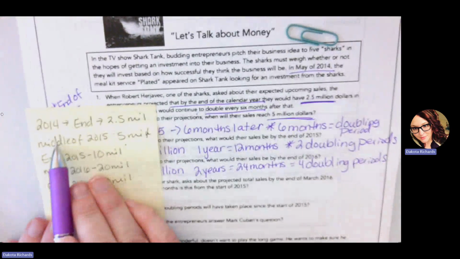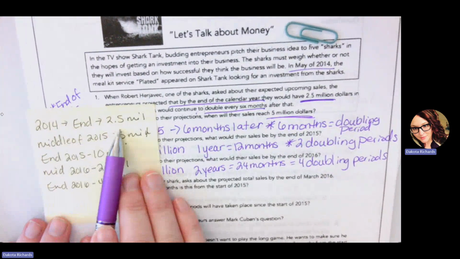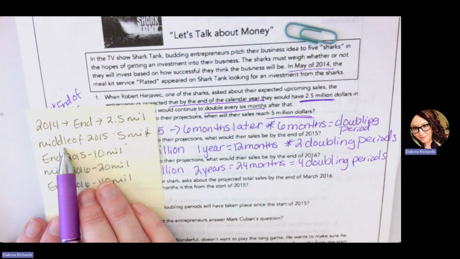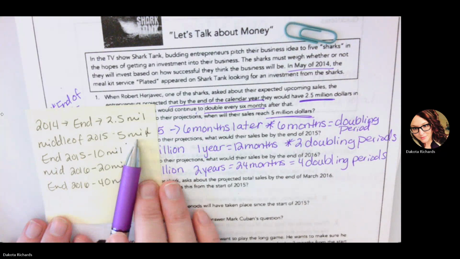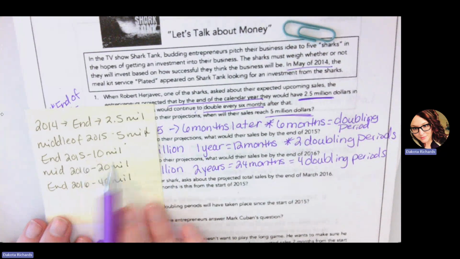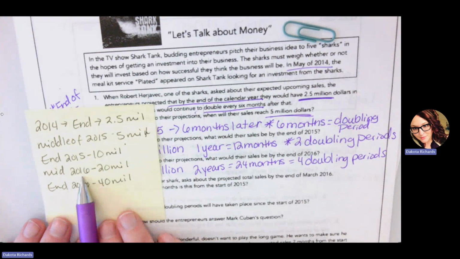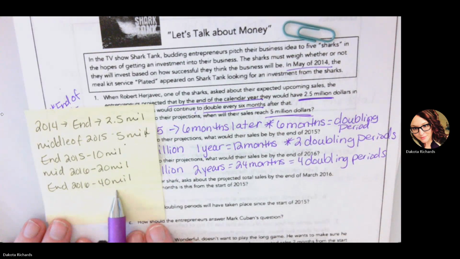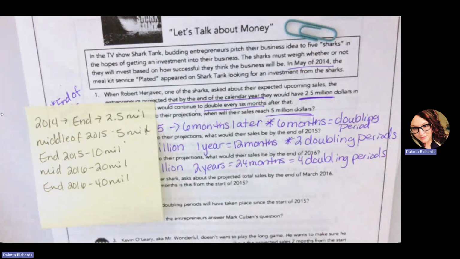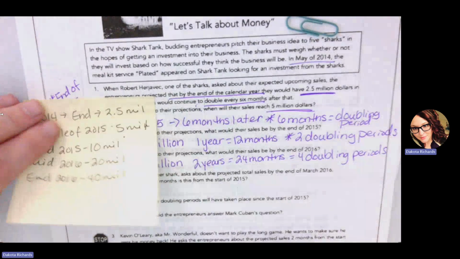So at the end of 2014, we're at 2.5 million, and it doubles every 6 months. So at the middle of 2015 would be 5. The end of 2015 would be 10. The middle of the next year would be 20, and at the end of 2016 would be 40. If you have to make little charts like that and little things, that's fine. I do it too. Like, if you have to make a table, make a table.